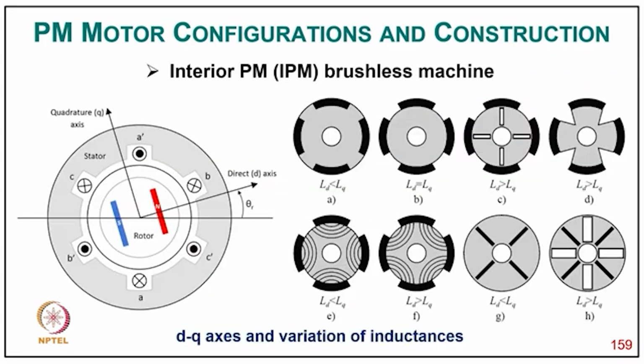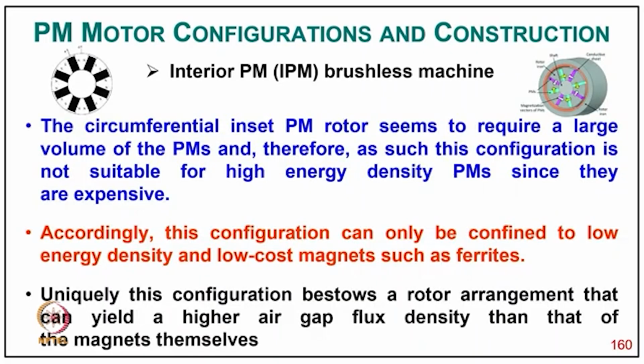In the surface mounted machine the Q and D axis inductances are really maybe equal, but in this case Ld is typically less than Lq. That is the inverse construction, as we call it.